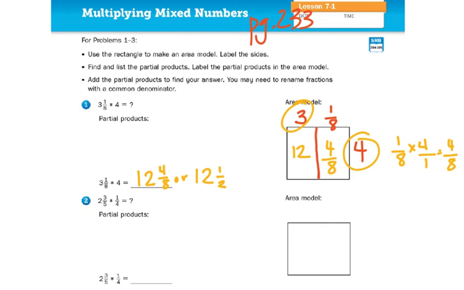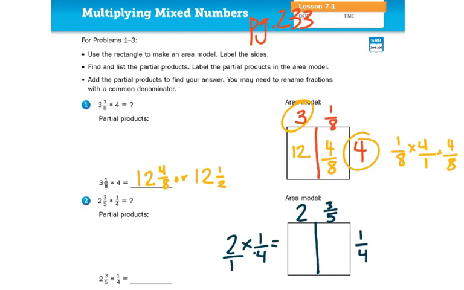Number 2, 2 3/5 times 1/4. Let's take and divide that rectangle into 2 equal parts. Let's take 2 3/5 times 1/4. First thing we'll take over here is 2 times 1/4. Remember, we can make that into a fraction by just writing it over 1.